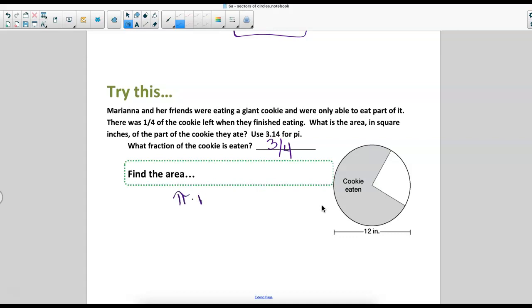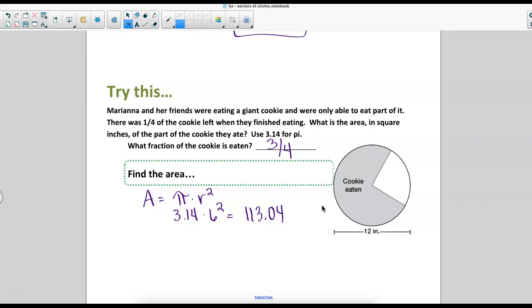Pi times radius squared. What's the radius of the cookie? Go ahead. 6. So 3.14 times 6 squared. I got 113.04. I don't want the whole cookie, right? We only want part of it. I want 3/4.